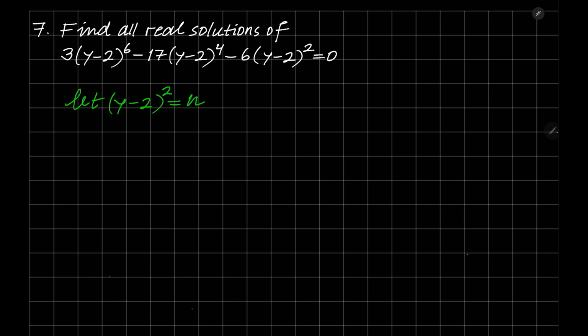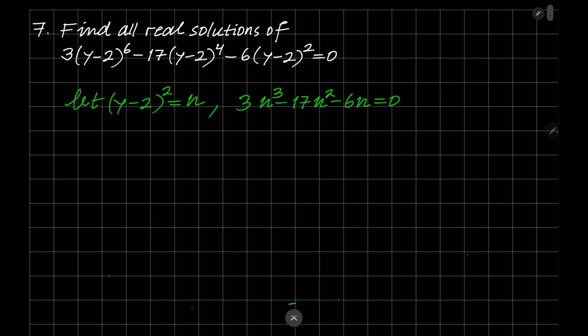Then if we rewrite the equation, it will be 3n cubed minus 17n squared minus 6n equal to 0.